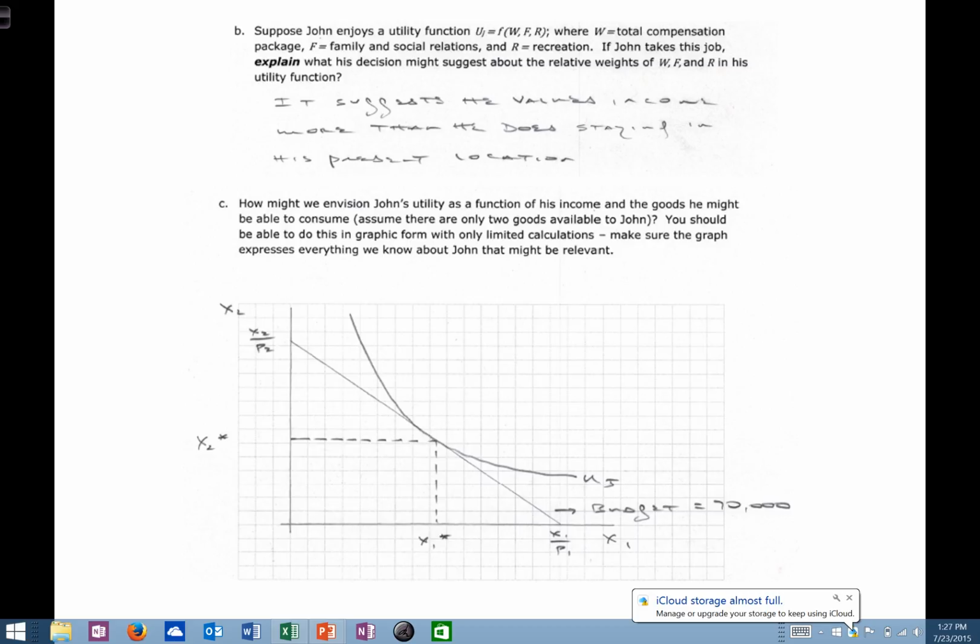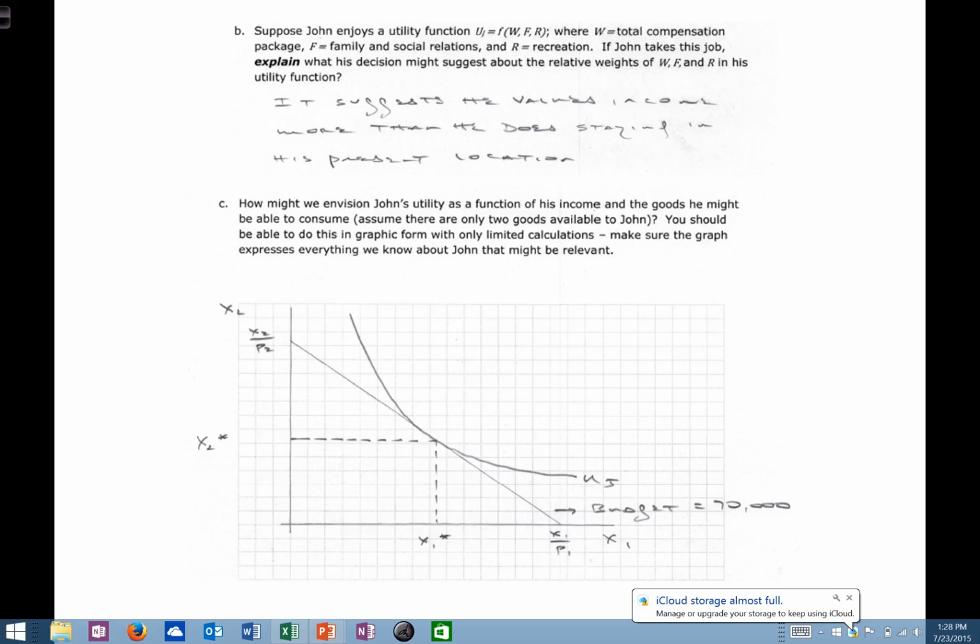So as we look at C, I ask how might we envision John's utility function of his income and the goods he might be able to consume. We're looking at only 2 goods available in this very simplistic model, and we went through 2 or 3 different examples of this very type of model within this utility and human capital investment section, such that we can create what's essentially a consumer optimization.